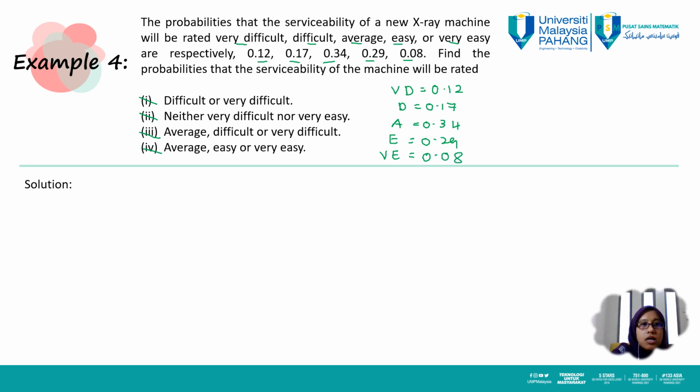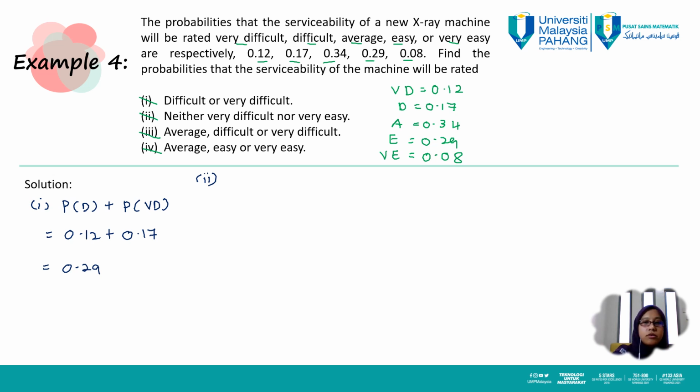So the first one, difficult or very difficult, that means probability difficult plus probability very difficult. That means we have 0.12 plus 0.17 is equal to 0.29. Alright, for number 2, neither very difficult nor very easy.